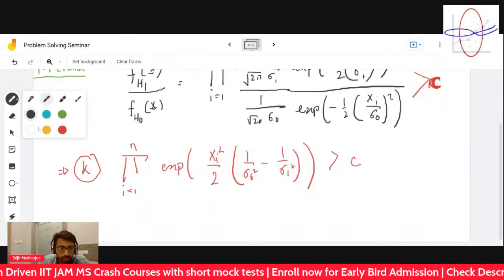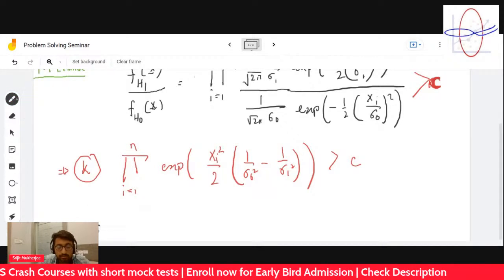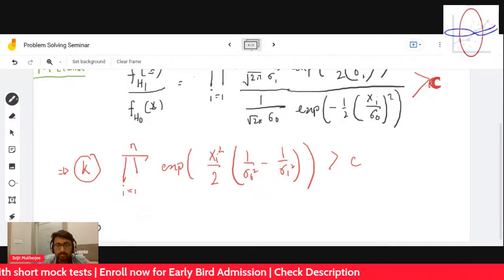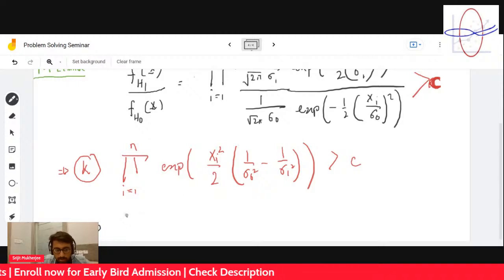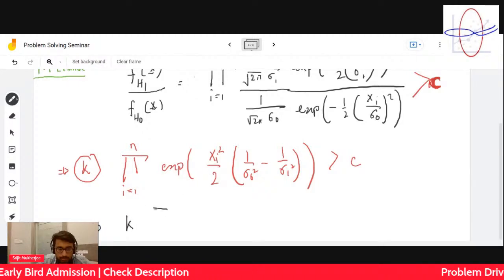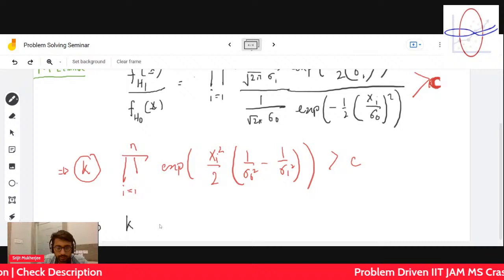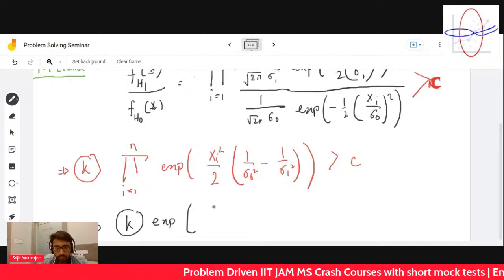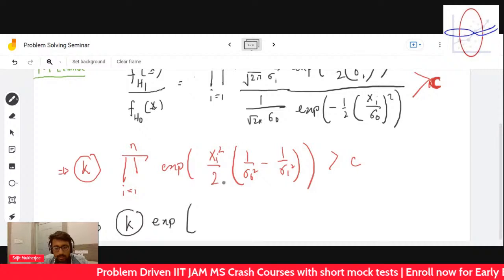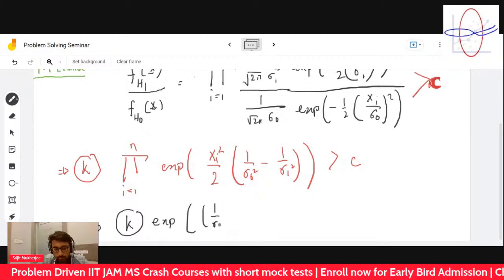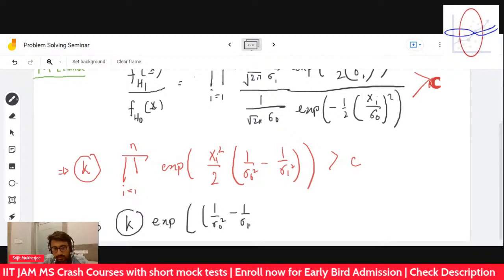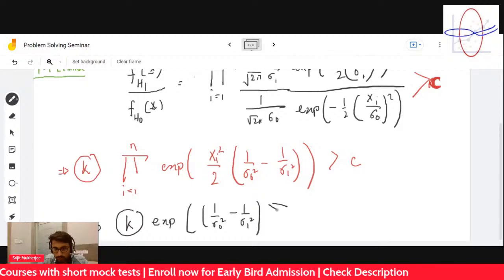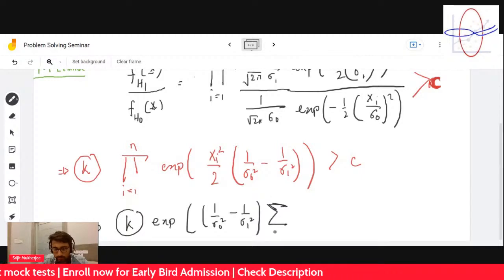And if you observe very carefully, we are only finding the rejection region now, guys. If you do the product, you get the exponential of a positive quantity, and this is a constant, right? We will see how this constant plays a role. This constant is very important.